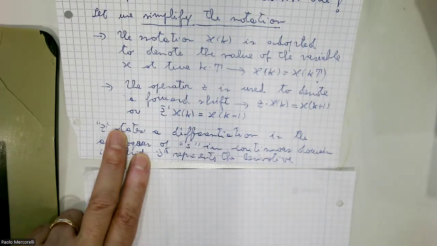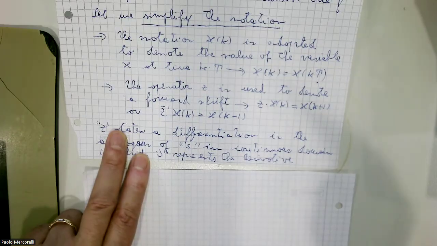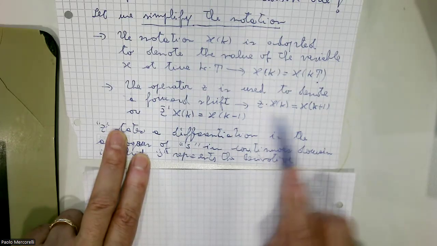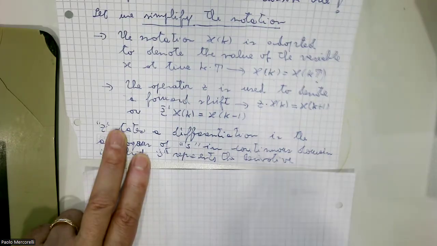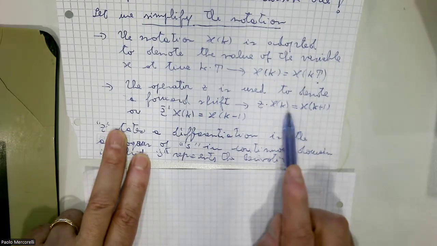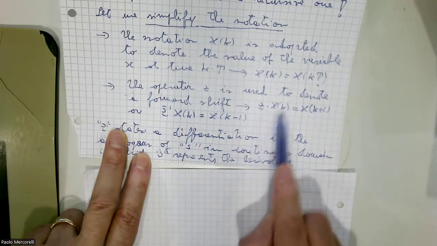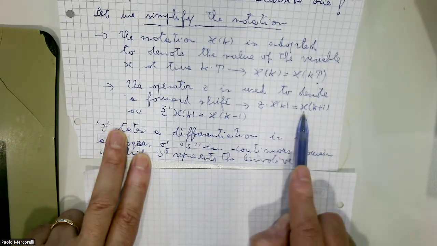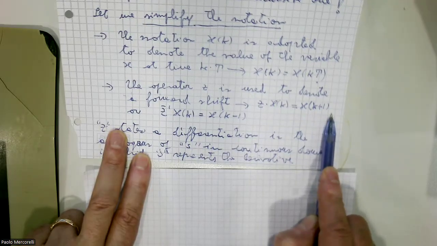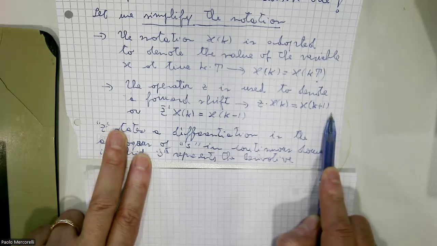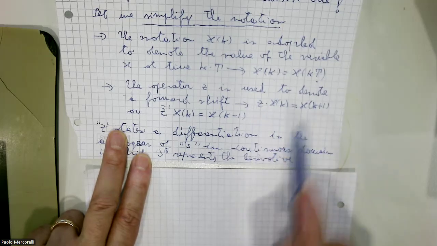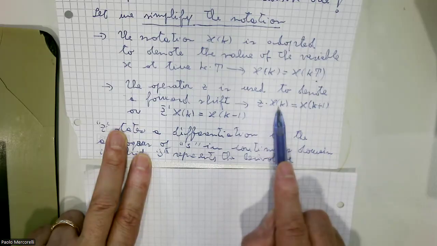We didn't put it just for the notation, but it's there. When you program with MATLAB, we have to consider this T, but it's easy to do. This is a shifting operator because z multiplied by x of k equals x of k plus 1. This means it is a shift forward of the element.